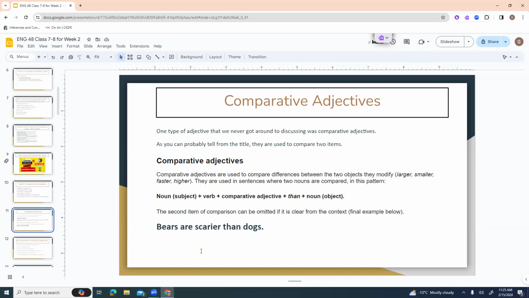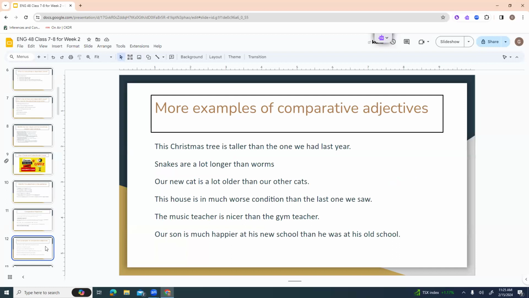So the second item of comparison can be omitted if it's clear from the context. So here's an example. Bears are scarier than dogs. Bears is our noun, are is the verb, scarier is our comparative adjective, than dogs. Now, in this case, we use dogs because it's needed. It's not clear from the context. Here are some more examples.